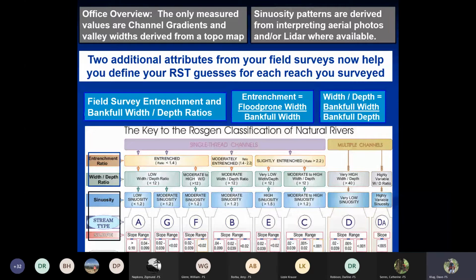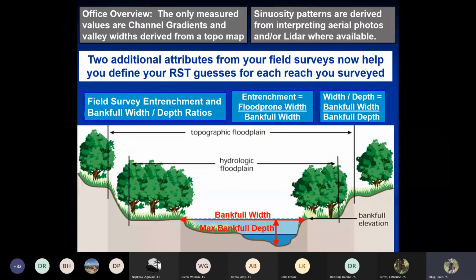I just want to go over quickly how to take that flood prone width over bankfull width. That's the degree of entrenchment. The wider the flood prone width is versus the bankfull width, the less entrenched it is.